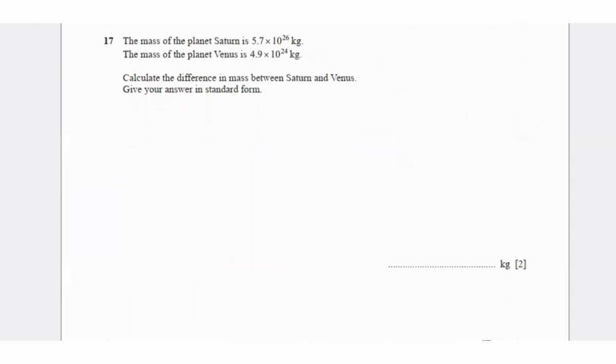Question 17 says, the mass of the planet Saturn is 5.7 times 10 to the power of 26. The mass of the planet Venus is 4.9 times 10 to the power of 24. Calculate the difference in mass between Saturn and Venus. So 5.7 times 10 to the power of 26 minus 4.9 times 10 to the power of 24.